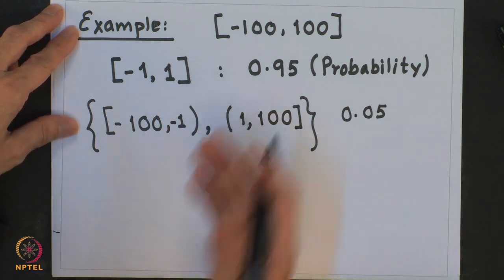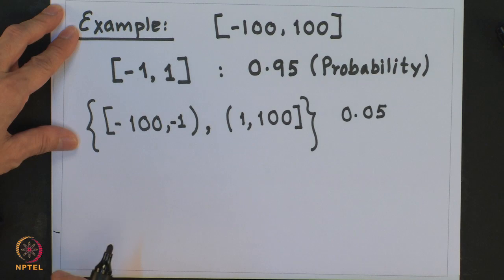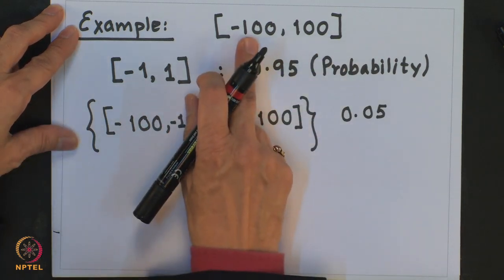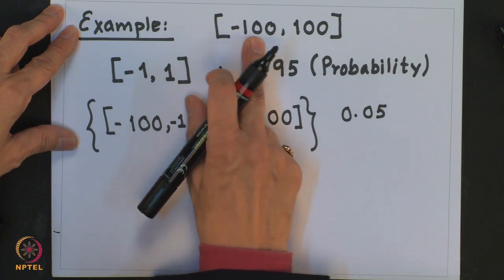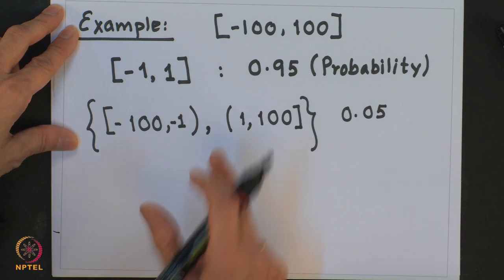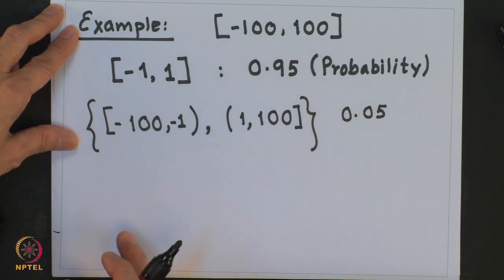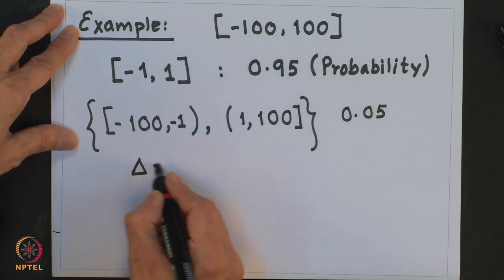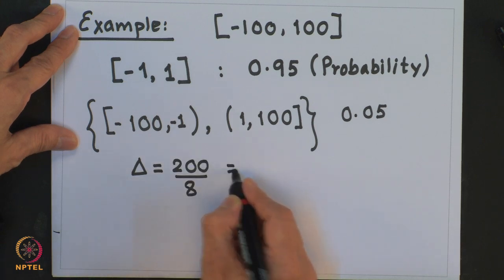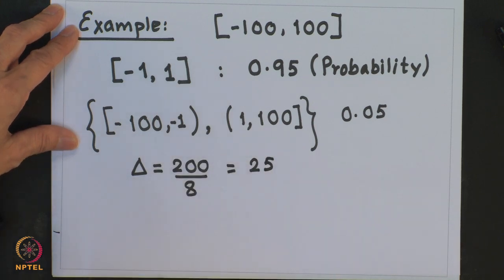Now, if we follow the procedure which we discussed earlier, and if we take minus x max to be minus 100 and plus x max to be 100 and adopt the procedure which we did for the uniform PDF, then delta I would get as 200 by 8, which is equal to 25.